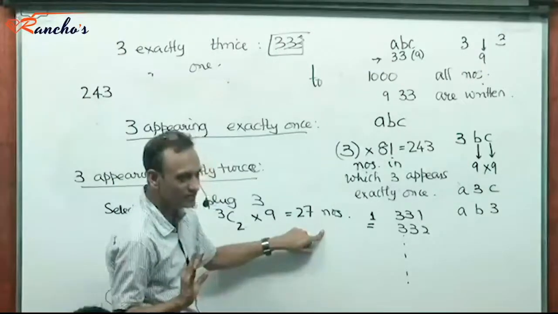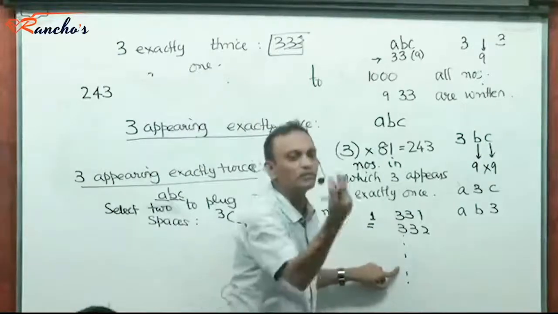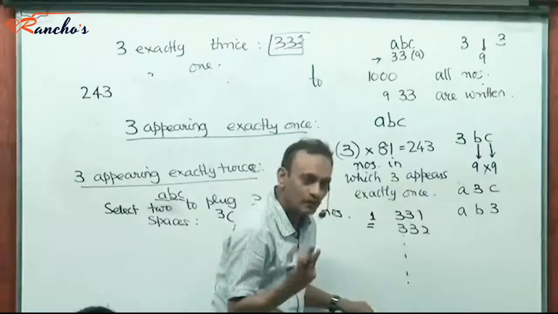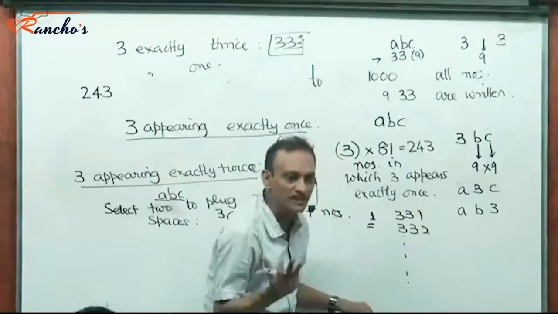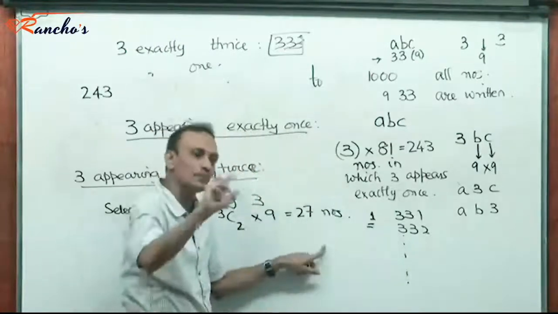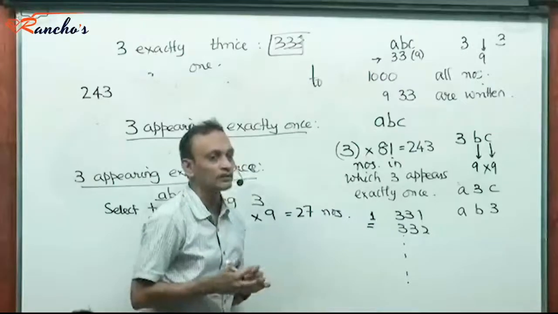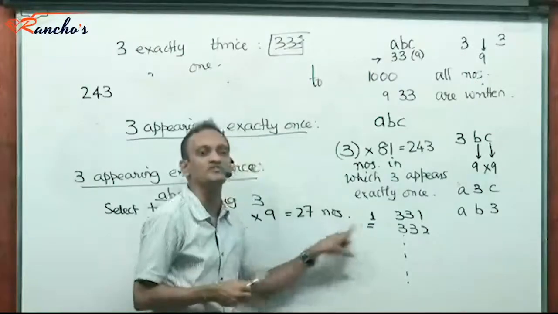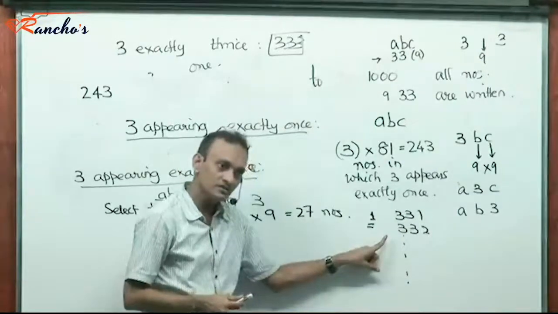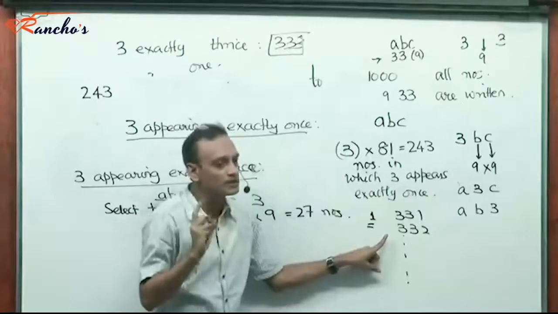So if each of these numbers has given birth to 2 3's, then 27 numbers will be into 2. That's what I'm saying. So 54 times 3 has been written. In writing all those numbers in which 3 appears twice, 3 would have to be written 54 times, because there are 27 such numbers. So in all, there would be 54 3's that will appear in the count.